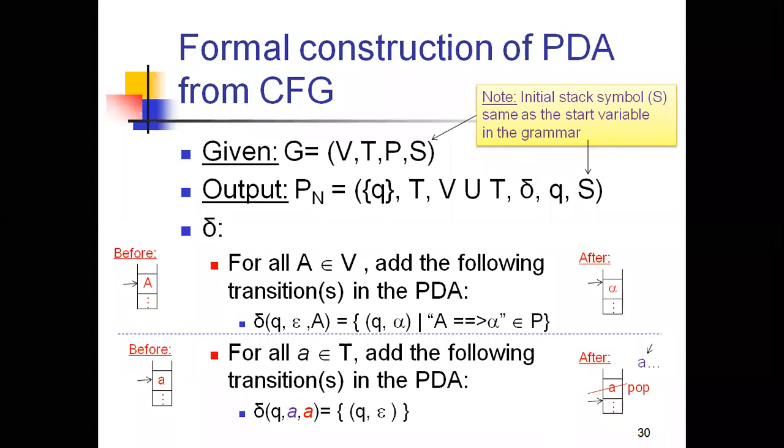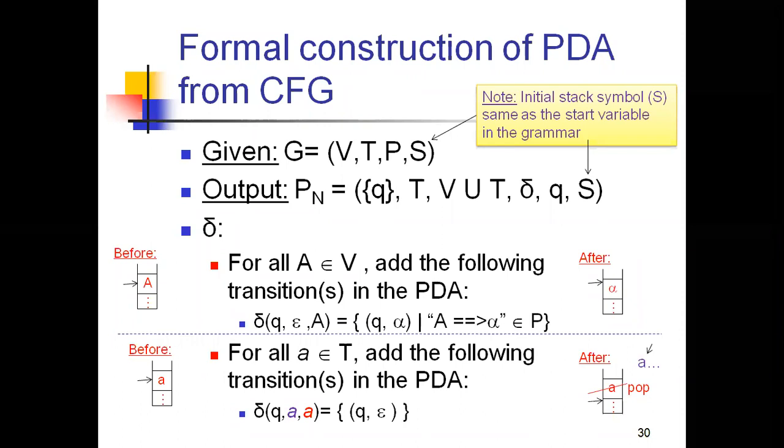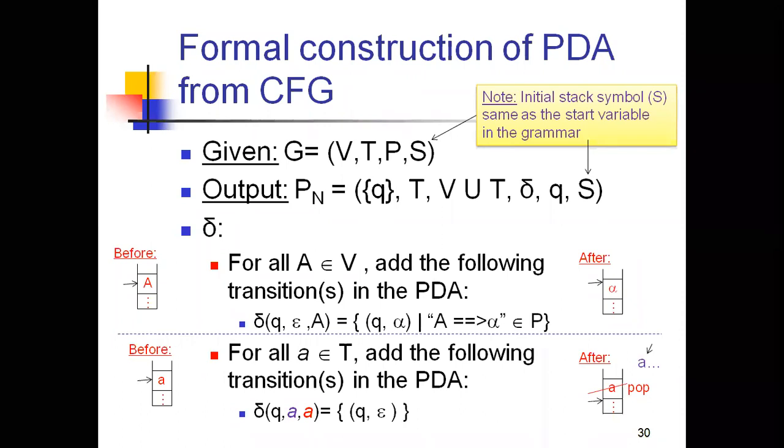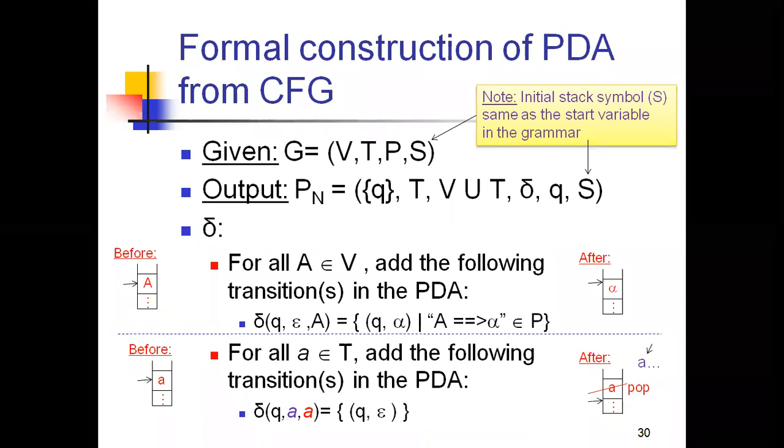This is the formal construction of a PDA from the CFG. From the CFG, we are converting to a PDA. And these are the two most important transition rules for the conversion from CFG to PDA. Please make a note of these two rules. These two rules will be useful for practicing the conversion from CFG to PDA, right?